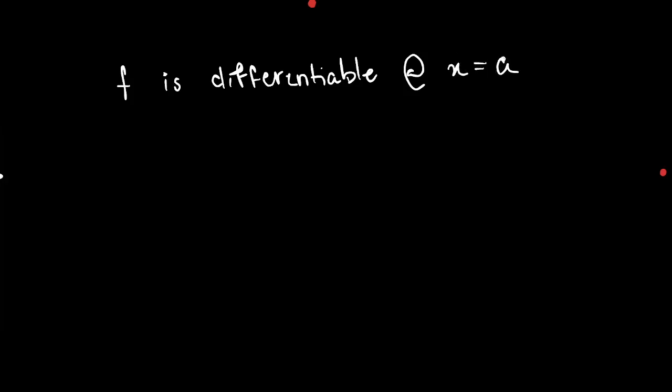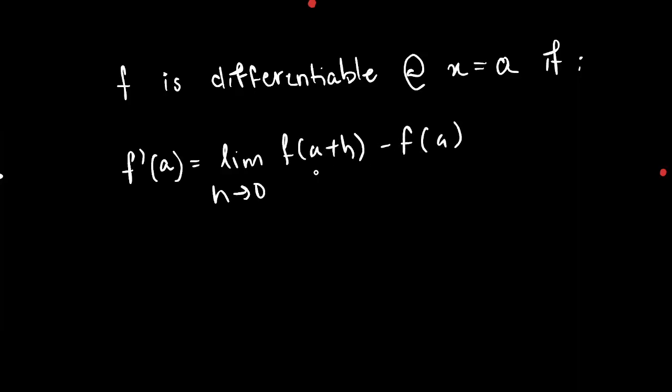If we wanted to speak from a more formal perspective, we can say that f is differentiable at some x equals a, or at this point a, if this limit here exists: f prime of a is equal to the limit as h approaches 0 of f of a plus h minus f of a, over h.